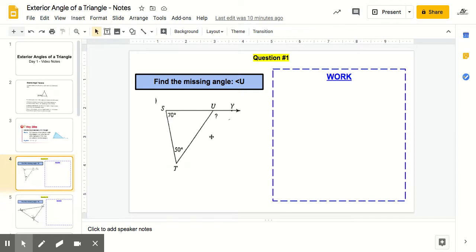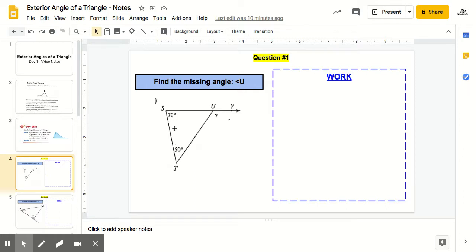So number one, we want to find the missing angle, which in this case is angle U. Angle U is our exterior angle. It's outside of the triangle here. Well, the exterior angle theorem tells us that the measure of angle U is going to be equal to the sum of the two non-adjacent interior angles. I gave you the measures of the two non-adjacent interior angles.